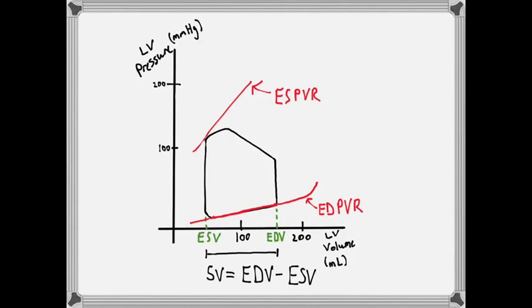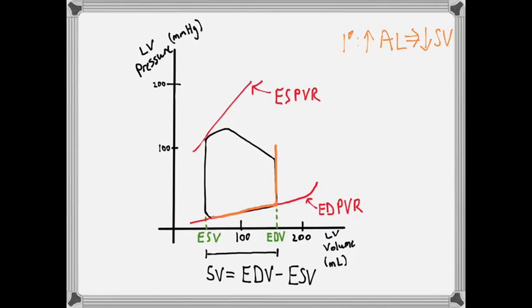So let's take a scenario where we might increase afterload. For example, we might give somebody an alpha agonist like phenylephrine, and that would increase their afterload. So we had said earlier that this would lead to a decrease in stroke volume. Now let's see what that looks like on the curve. So initially we see diastolic filling as before.